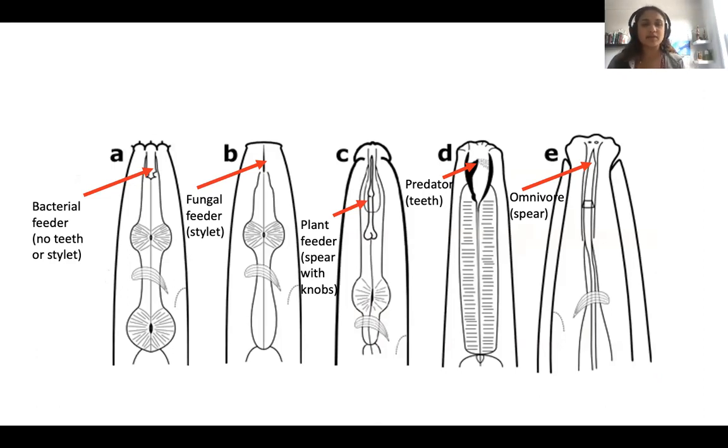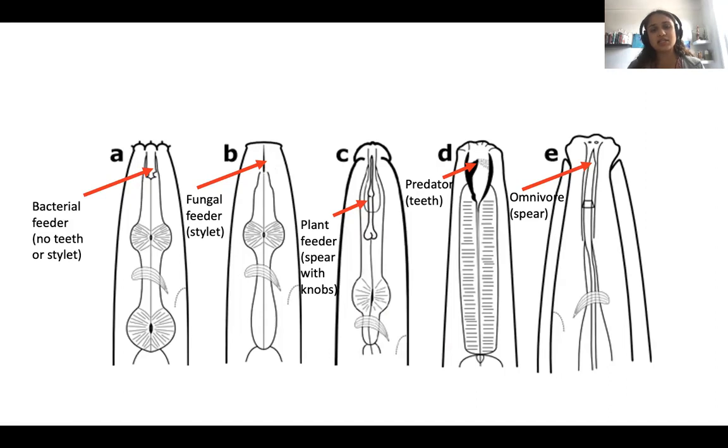When I talk about the stylet, it's this protrusion at the top of the mouth, and it looks just like this point that will usually be coming out of the mouth, and that's usually how they actually feed. So bacterial feeders have no teeth or stylet. Fungal feeders, seen here, do have that stylet. And then plant feeders actually have a spear with knobs at the base.